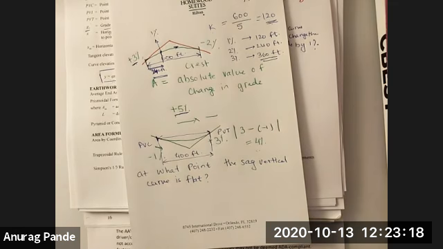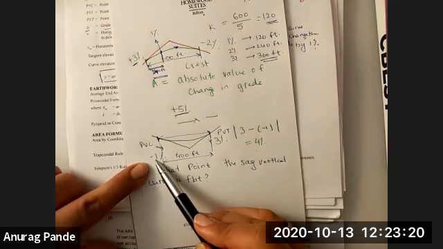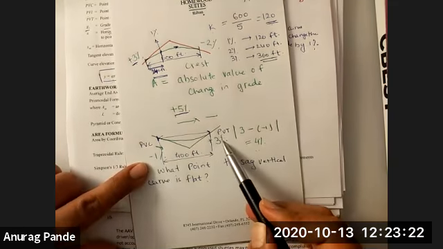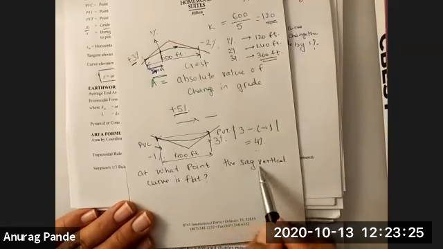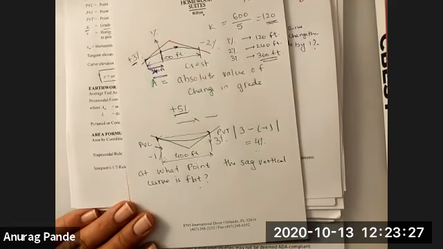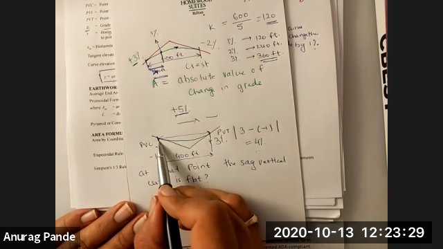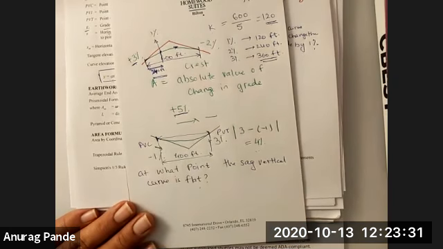So it's a 400 feet curve going from -1% to plus 3%. Your question is, at what distance from PVC is the sag vertical curve flat?